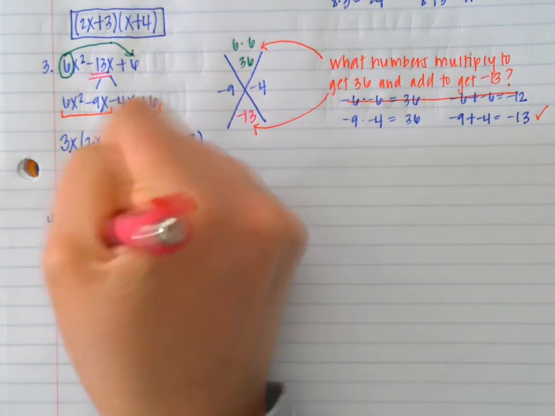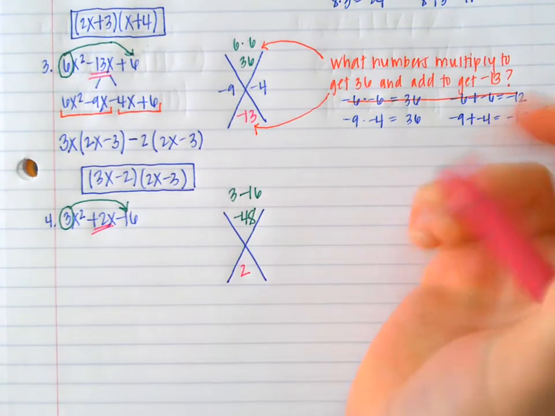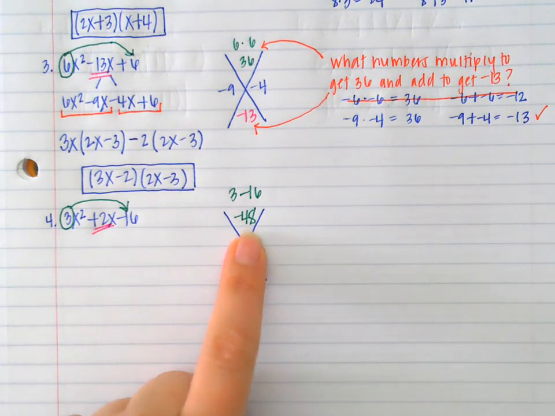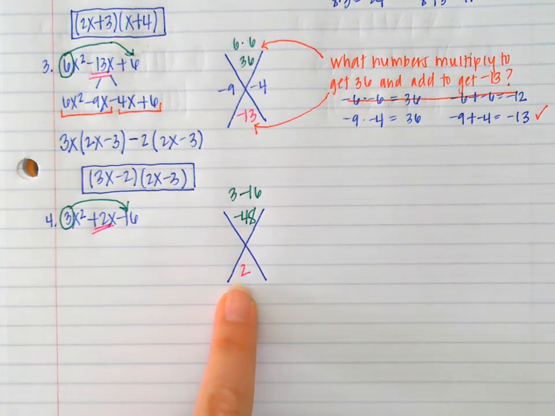B, which is 2. So we're thinking, oh no, there's another twist because there's a negative on top. So we have to think what two numbers are going to multiply together to get me a negative, but could possibly add to get me a positive.